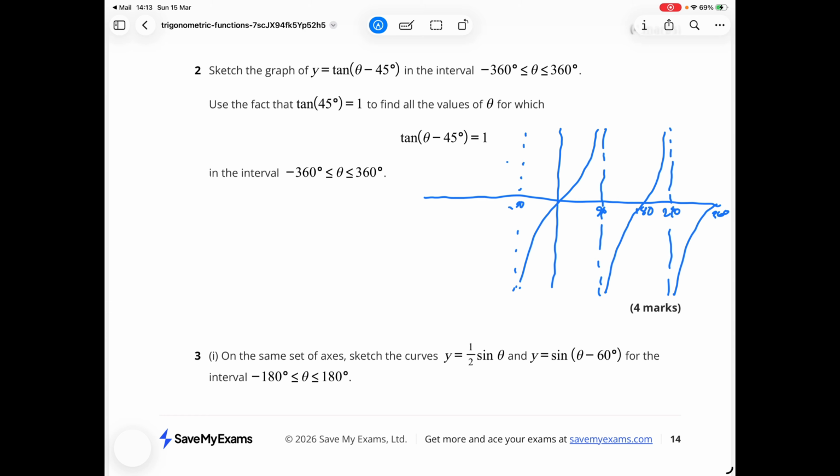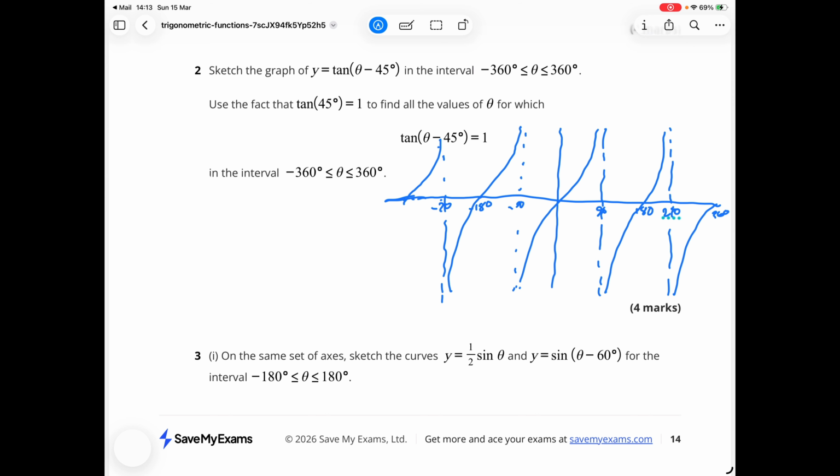And then minus 90, so let's go to minus 180 and go through that. And then at minus 270, you've got another asymptote. And then at minus 360, it comes down from there and goes like that. So that's what it looks like.